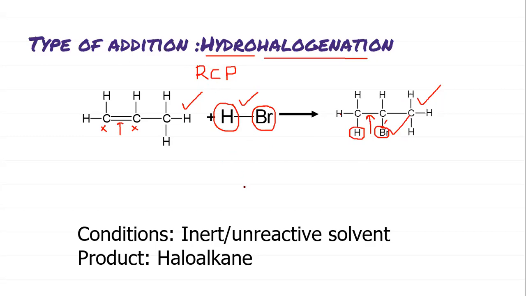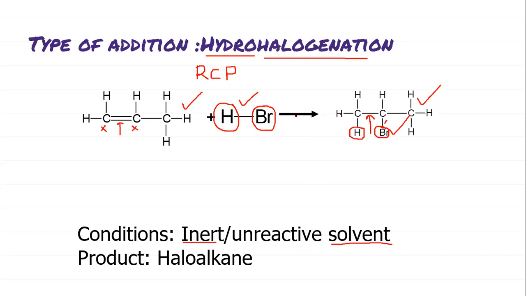So the condition there is that I require an inert solvent, or other learners can call it an unreactive solvent. So how do you memorize this as well? Anything that has to do with halogenation, my dear learners, will require an inert solvent. And what did I say to you?